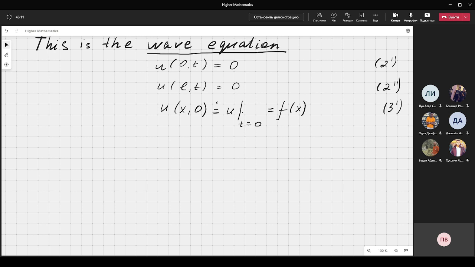Further, at the initial instant, the velocity at each point of the string must be given. It is defined by the function phi of x.